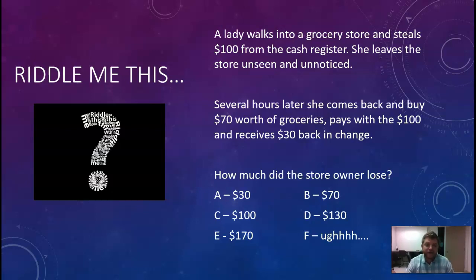Several hours later, that same lady comes back and she buys $70 worth of groceries. She pays with the $100 bill that she stole and receives $30 back in change. How much did the store owner lose? Okay, so there's a bunch of different options there for you. Please take a look and let me know what your answer is during the next class.